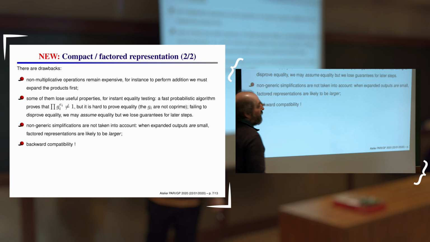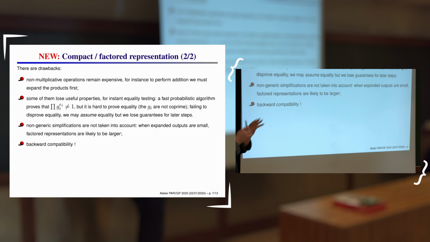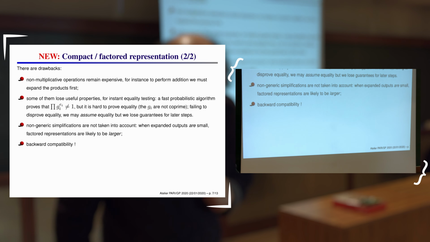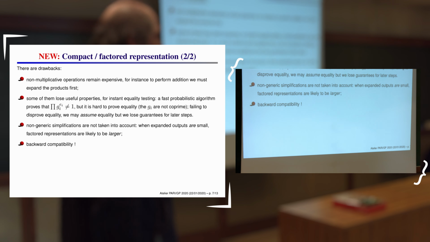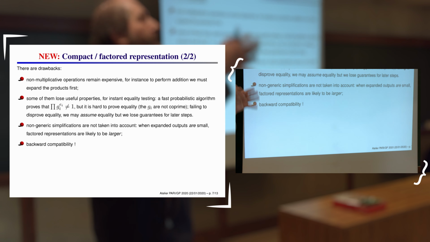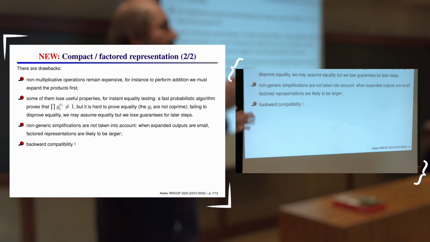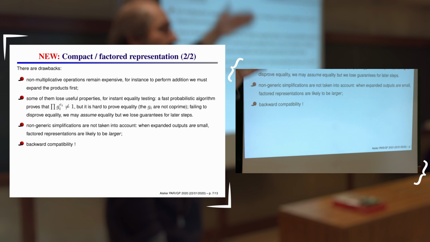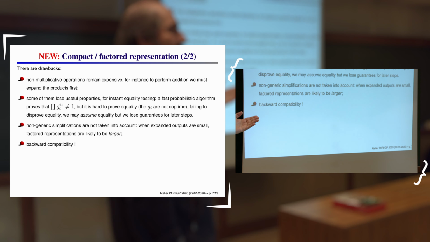In fact, when you think about it, we lose some of the properties. Checking whether something is 1 in an expanded representation as a polynomial is easy. You check whether all the coefficients of all the monomials are 0 except the constant coefficient. And checking whether it's not 1 is equally easy. You check whether what I just said is not true.